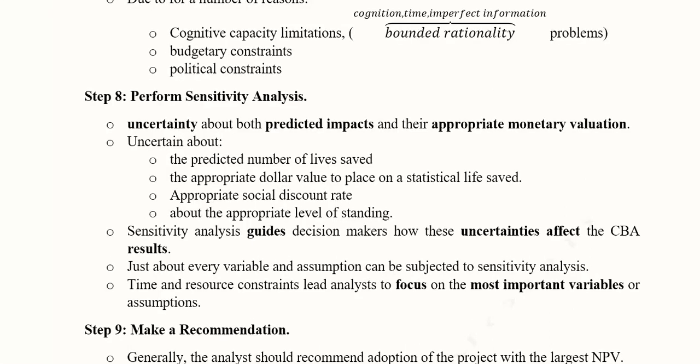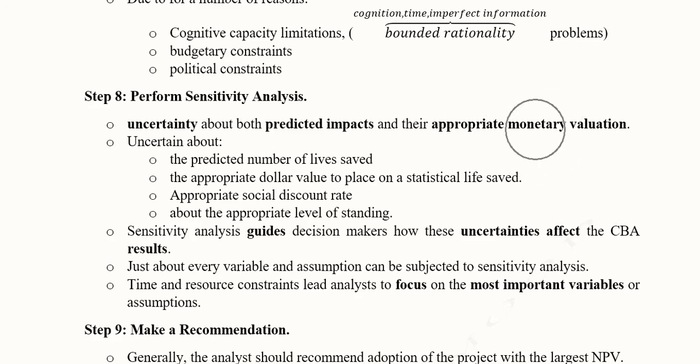In this second last step, we can conduct the sensitivity analysis because we know the life of a project is uncertain, due to which the predicted impacts can change considerably, and due to which the result of the project can change also.